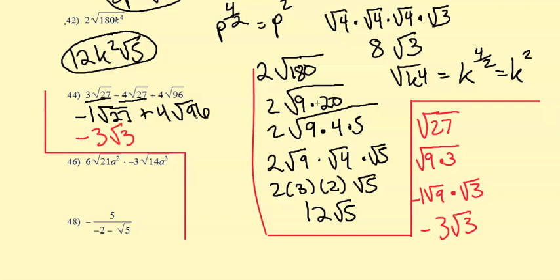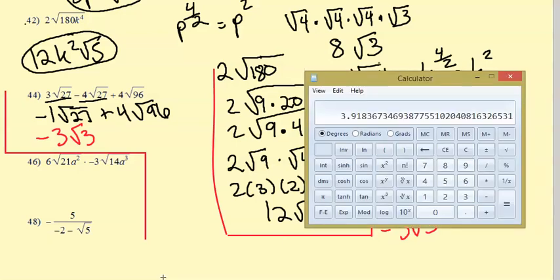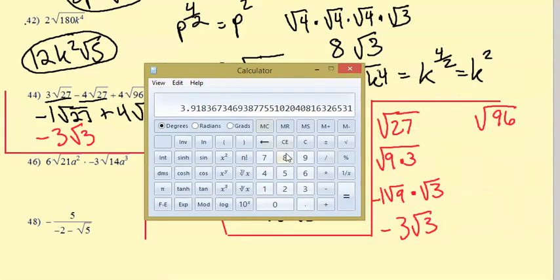Now we'll try to reduce the square root of 96. And let's see what we can take out of that. Okay, so there's no negative there, so we can't take out negative 1. Let's try 4. That's 24.